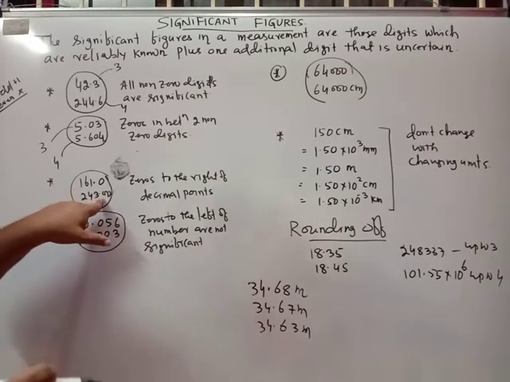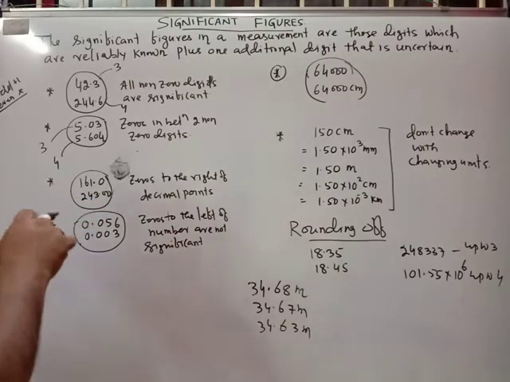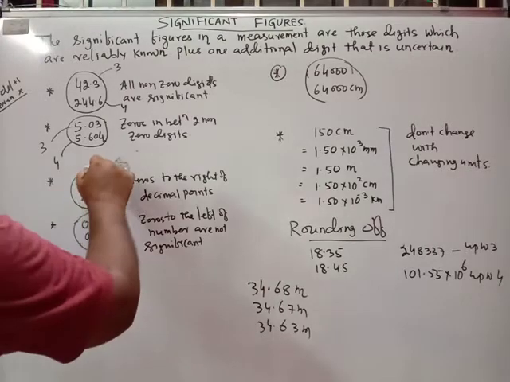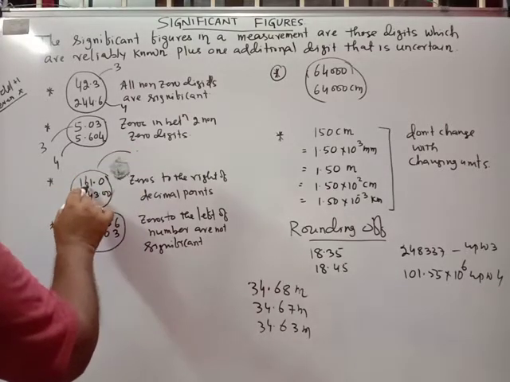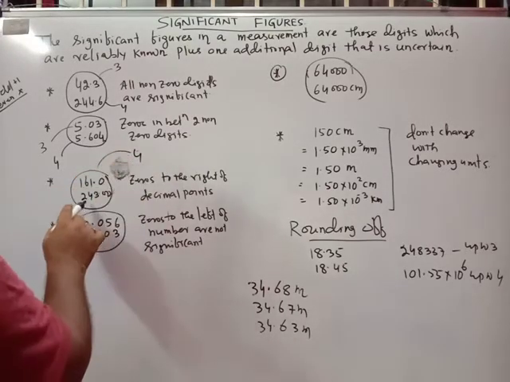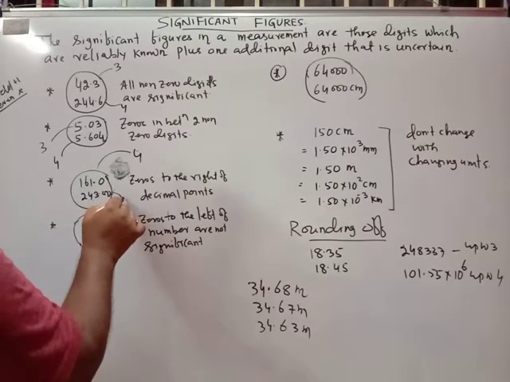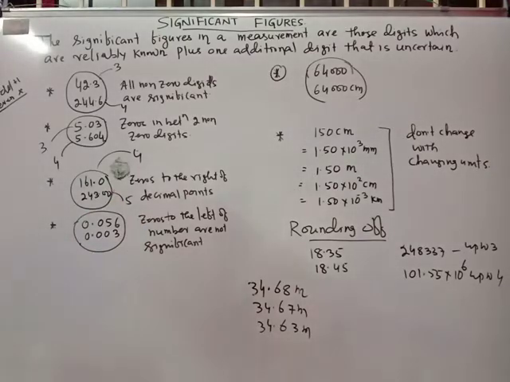All these zeros are considered significant. Here the number of significant figures is 4, and here it is 5.